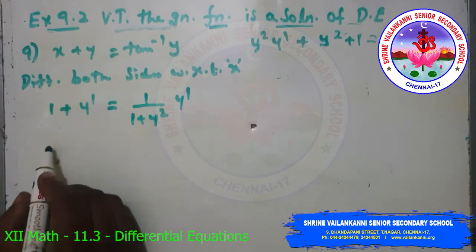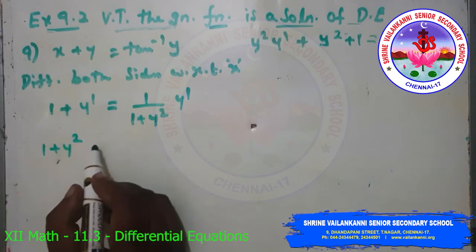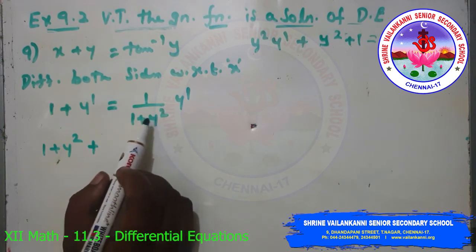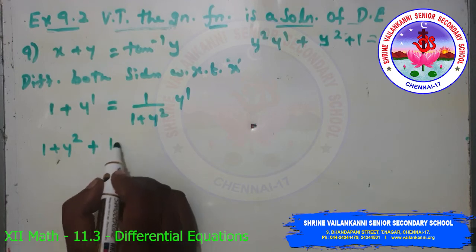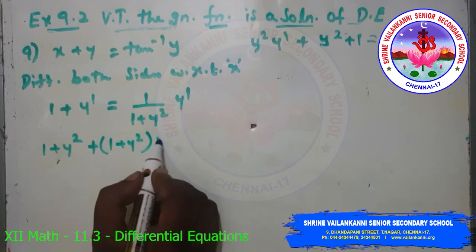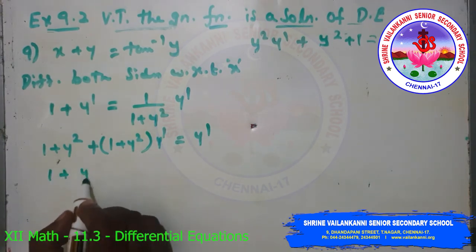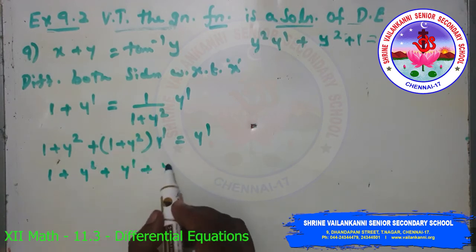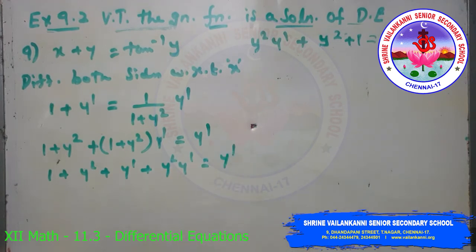So cross multiplying this, we get (1 plus y square) into (1 plus y dash), which is equal to y dash. So 1 plus y square plus y dash plus y square y dash, which is equal to y dash.